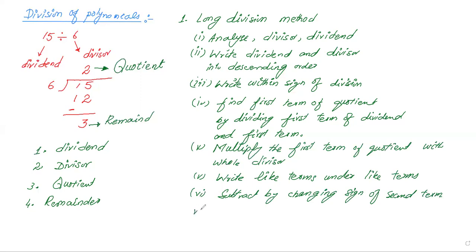And the seventh step is to repeat all steps again. So these 7 steps you have to follow for the long division method.